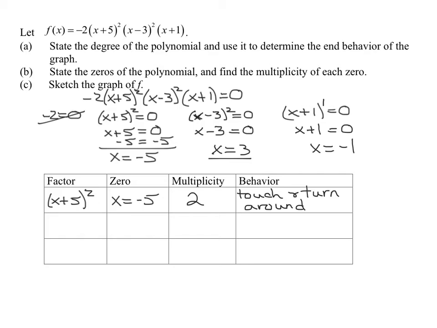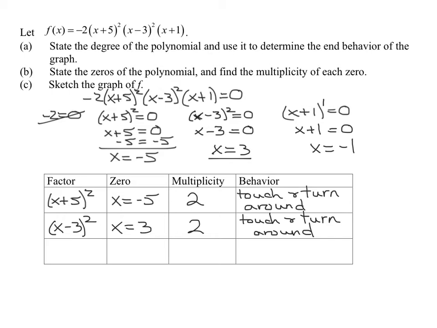The next factor was x minus 3 all squared, and the 0 we found was x equals 3. Here, what's the multiplicity? 2. And again, multiplicity 2, it's going to touch and turn around. That means it will not cross the x-axis.